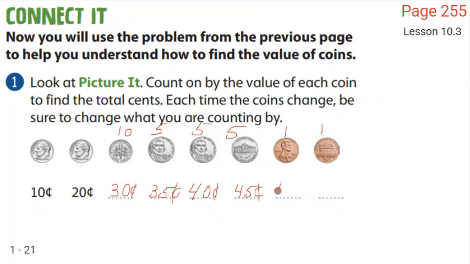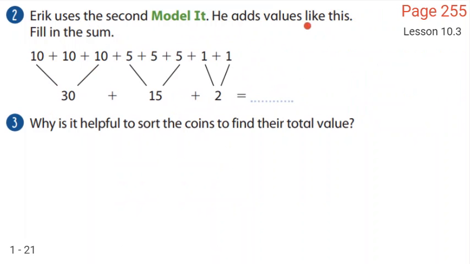Plus 1 is 46 cents. And plus 1 more is 47 cents. Just different ways that you can solve those problems with adding money. Okay, let's go into the next problem here.